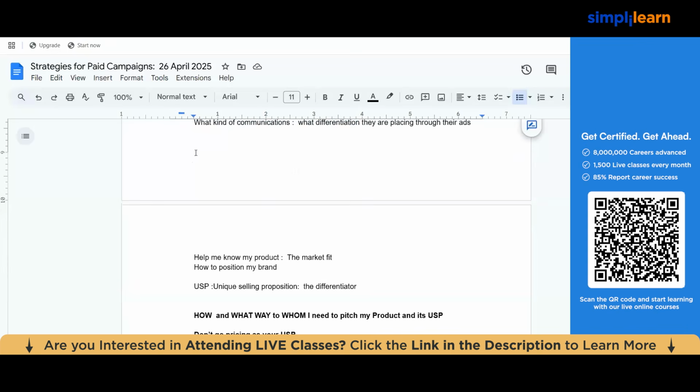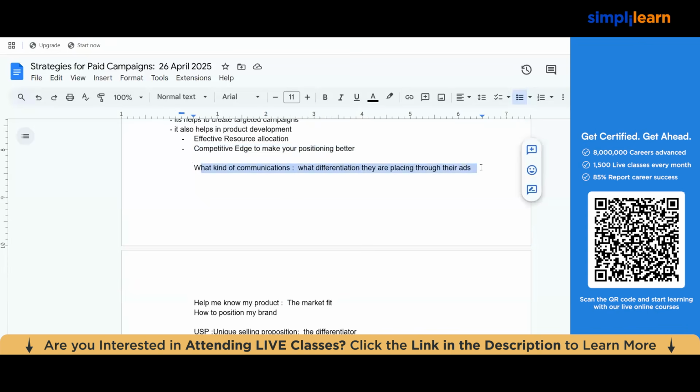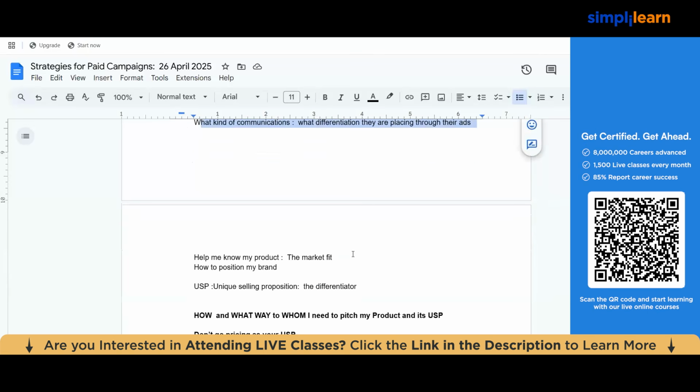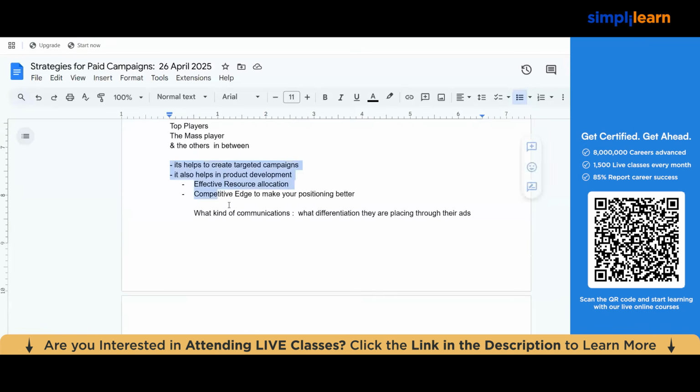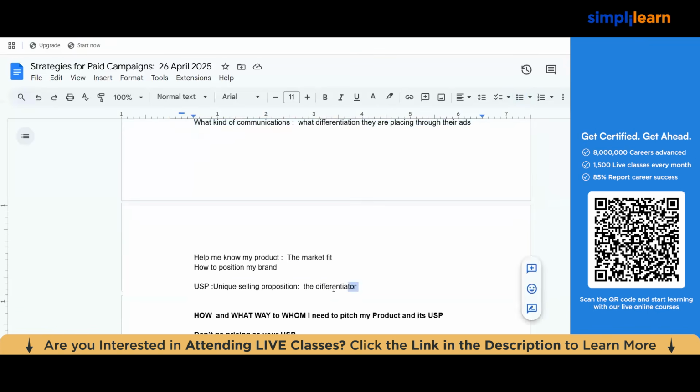Also, it defines what kind of communication and what differentiation we can place in our ads. This I already explained. So always emphasize and utilize all of these things and try to cover it up with the unique selling proposition. What is the differentiator compared to all other industry players in the market in your category?